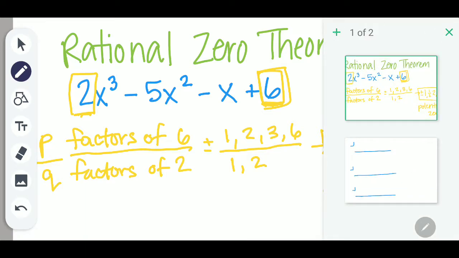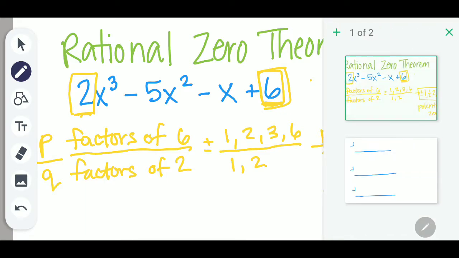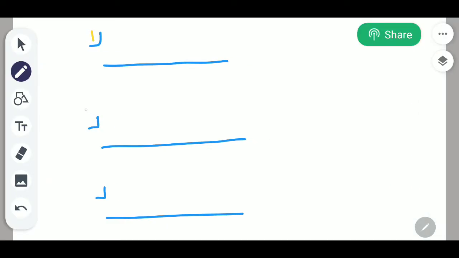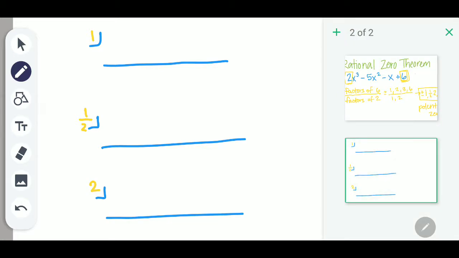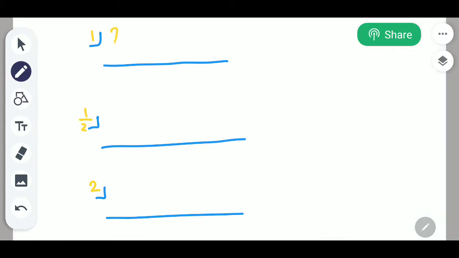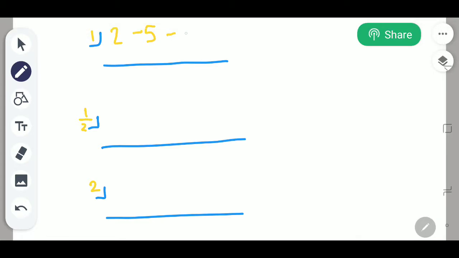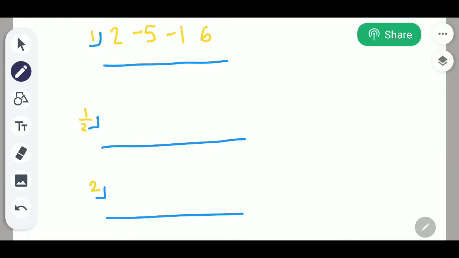All right, so before I do that, we're going to use 1, 1/2, and 2 to start with. So we're going to put in a 1, a 1/2, and a 2. If you go back to the original page, our coefficients are 2, -5, -1, and 6. Okay, so you guys should remember synthetic division.